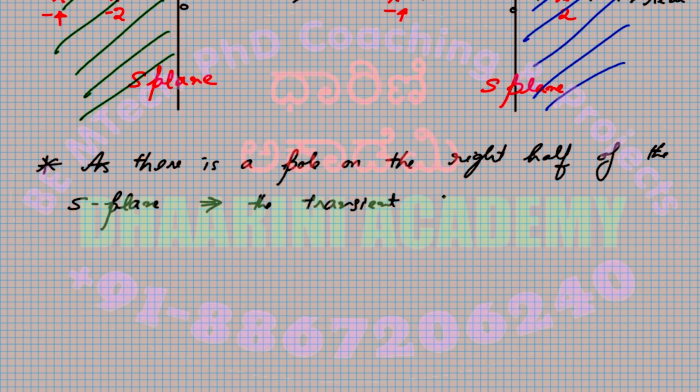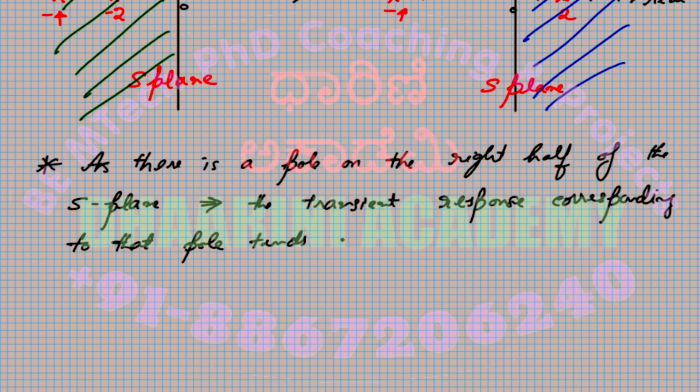The transient response, that is e to the power 2t, corresponding to that pole tends to infinity as t tends to infinity. Hence the system is unstable.